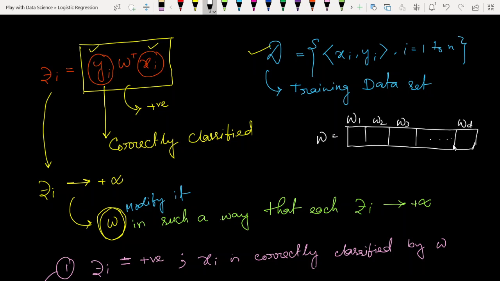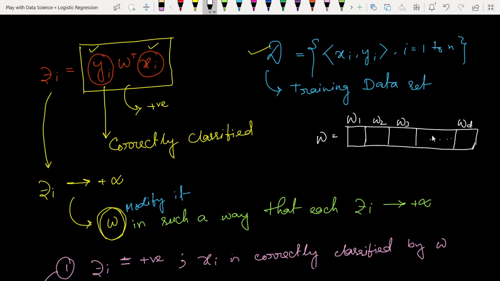Just assume w is a d-dimensional vector, and the final w depends on its components. If one component is infinity, then w may not be plus infinity.